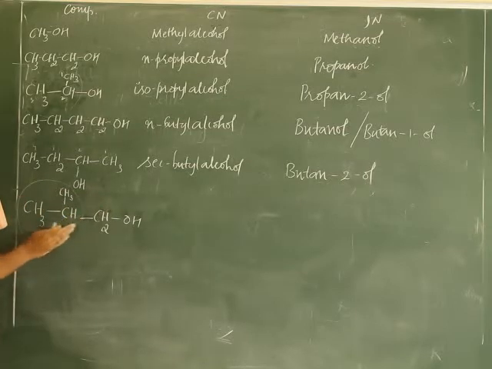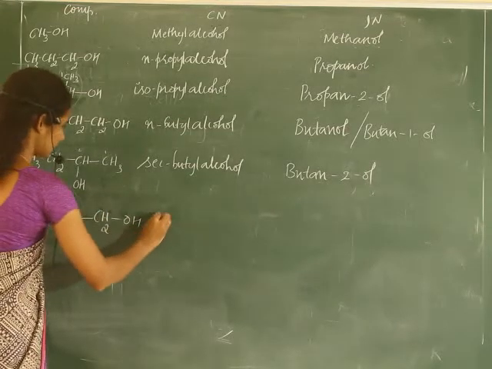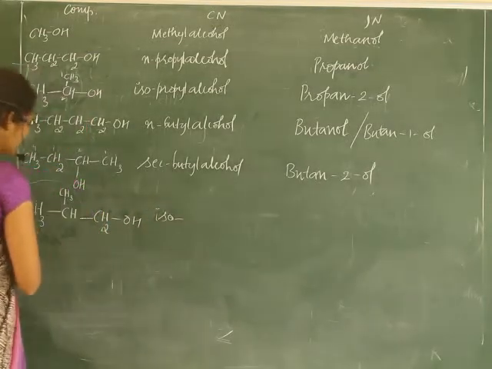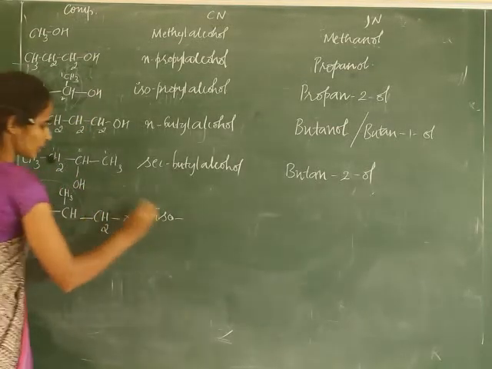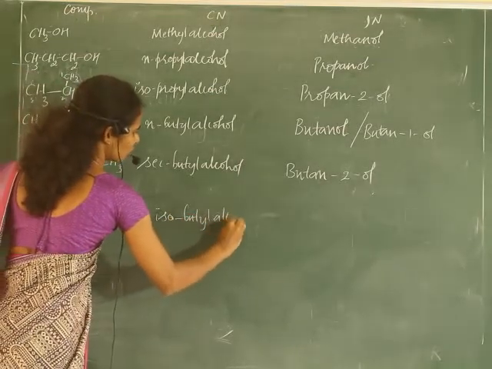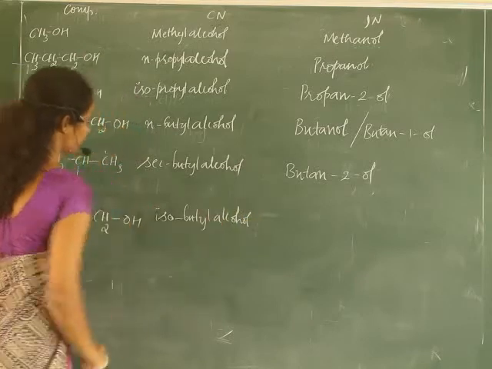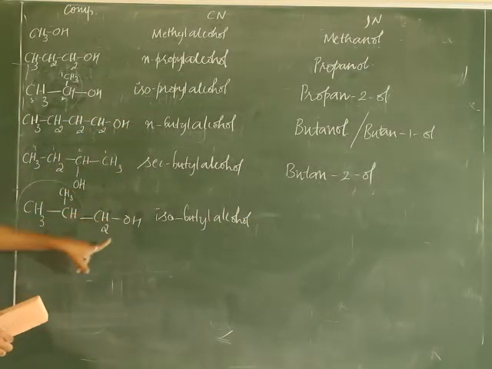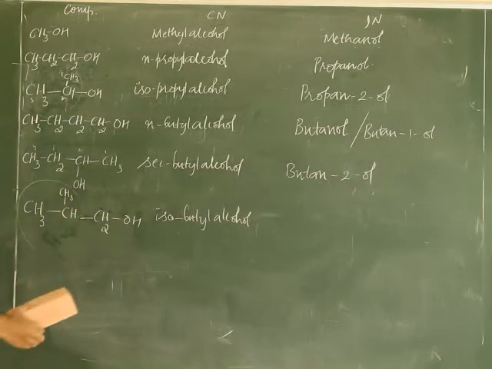Yes or no? Hence, the name of this compound is iso. Common name is iso. How many carbon atoms are there? 1, 2, 3, 4. Isobutyl alcohol, right? Isobutyl alcohol. See the difference? N-butyl alcohol, secondary butyl alcohol, isobutyl alcohol.